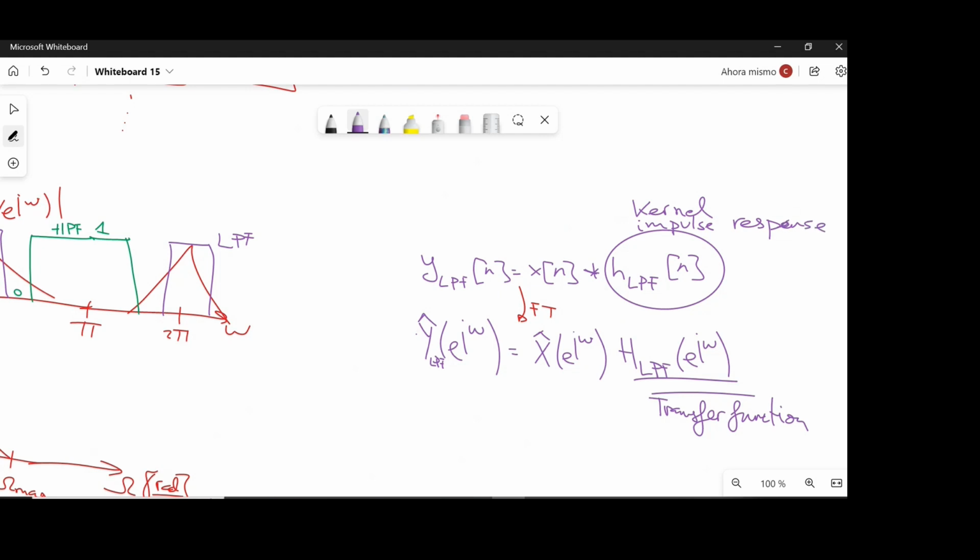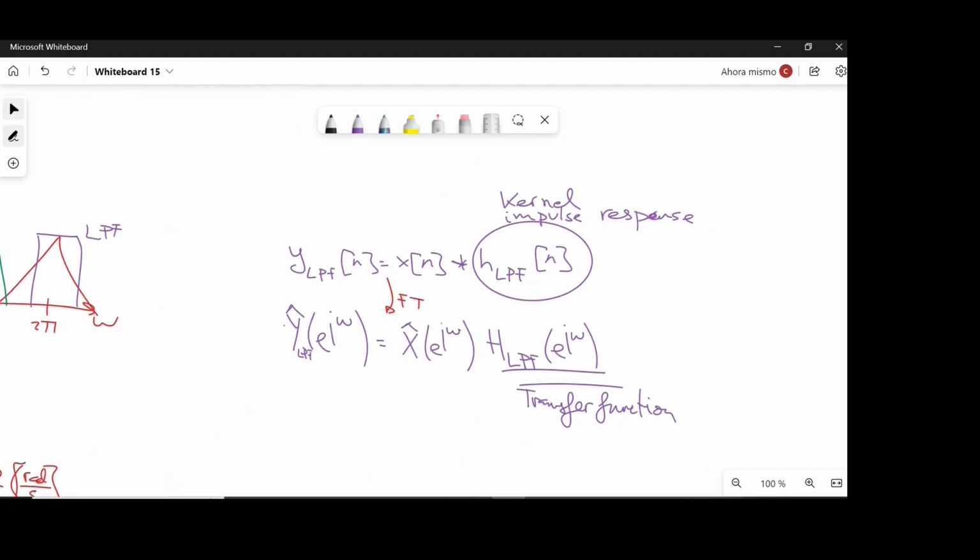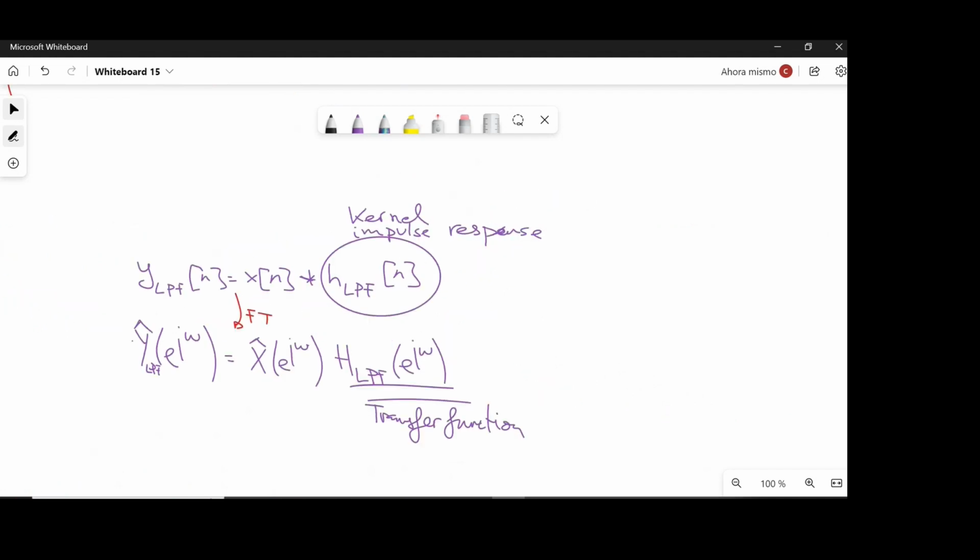Why is it called impulse response? Because if I use an impulse, my x of n is an impulse, my output is just this one. So that means that I can design my filters either in Fourier space or in the real space. I have the possibility of doing both.